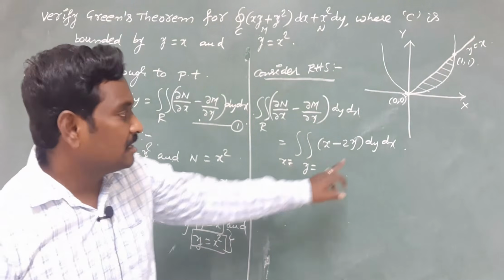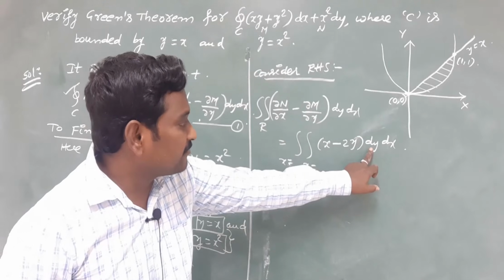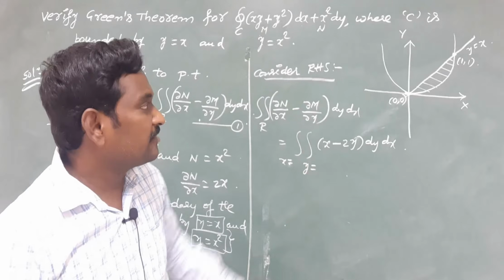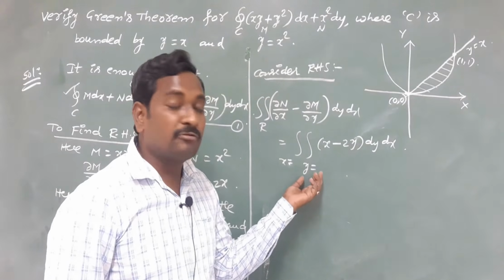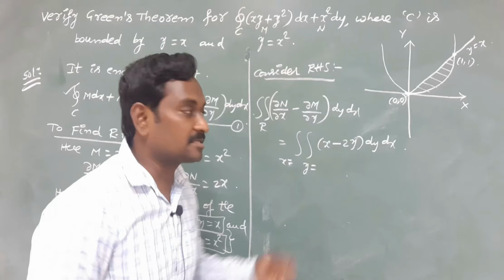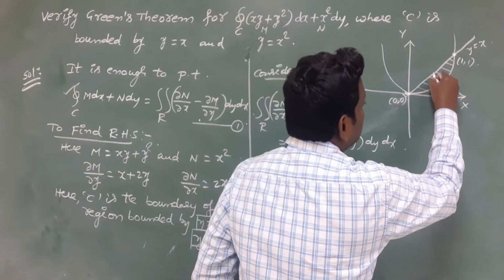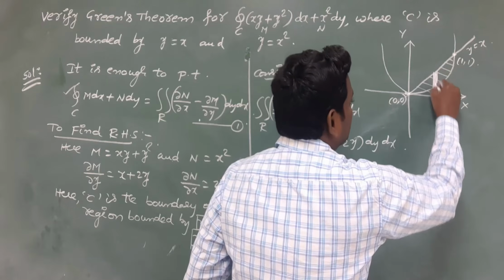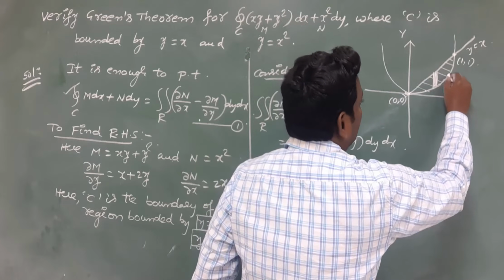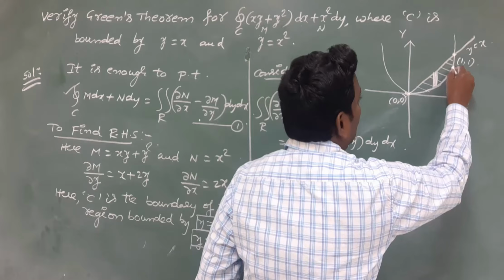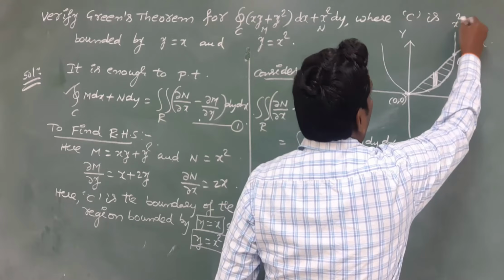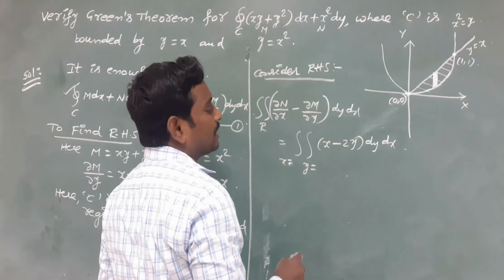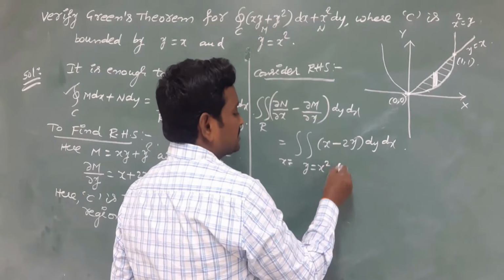Since in order we have to take the integration with respect to y first, we have to find the limits of y in terms of x using the figure. For y values in terms of x, you should take a vertical step in this region. This is the lower part which gives the lower limit: the parabola x² = y, so y is x².